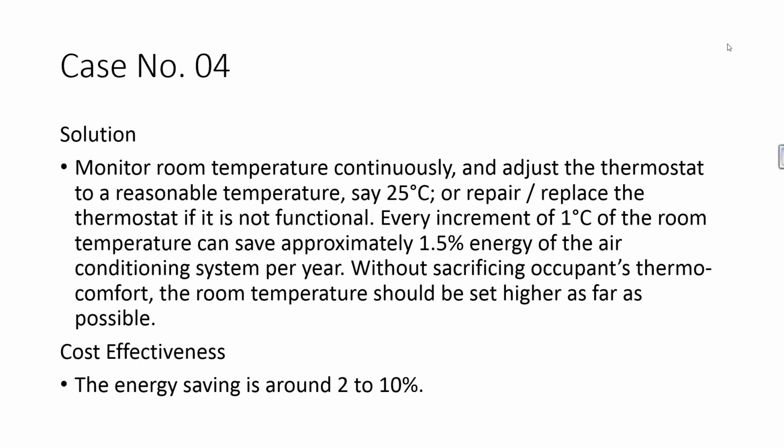Every increment of 1 degree Celsius of the room temperature can save approximately 1.5% energy of the air conditioning system per year without sacrificing occupant thermal comfort. The room temperature should be set higher as far as possible. The energy saving is around 2 to 10% by setting the thermostat up to 25 degrees Celsius.